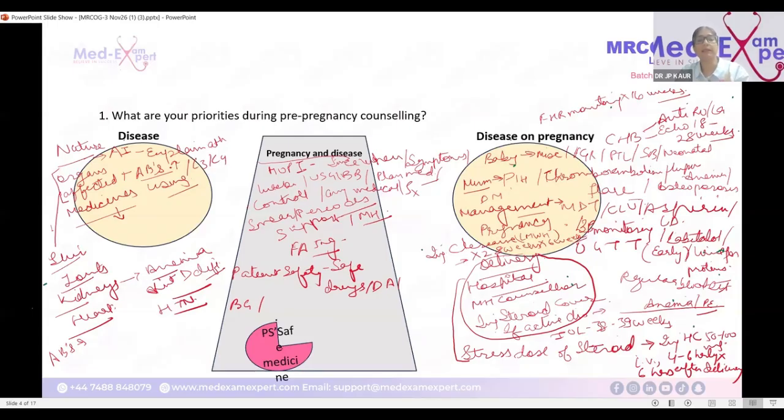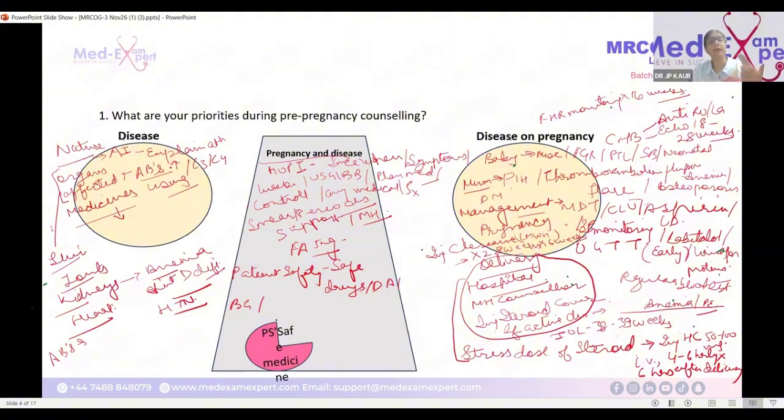To the mother, it can cause hypertension, PIH, preeclampsia, thromboembolism, because you are giving a structural discussion, so you need to speak the medical terms. Lupus, anemia, it can cause osteoporosis because she is on steroids. She is on steroids, so it can also increase her chances of having GDM. And also the lupus can flare, nephritis can come back, and SLE can have a flare.